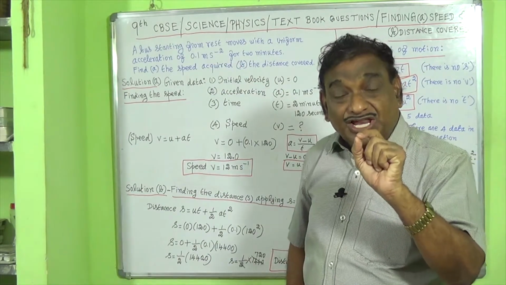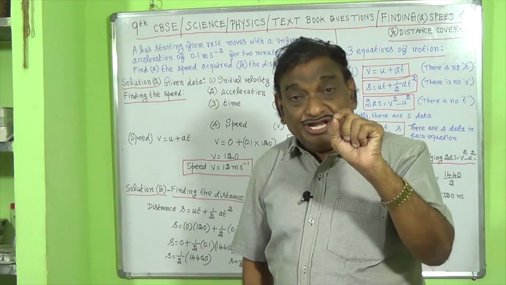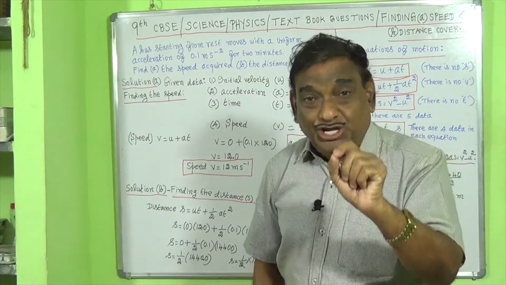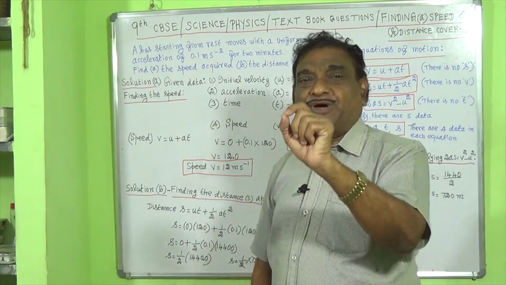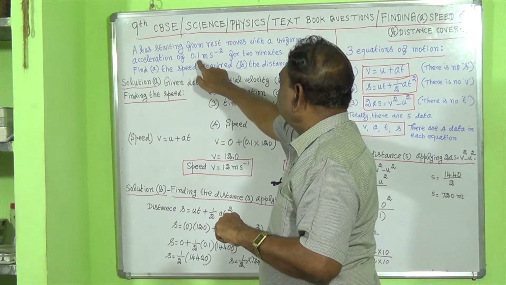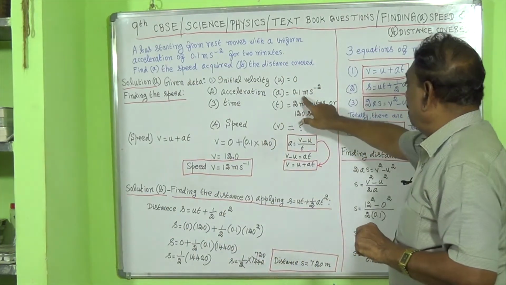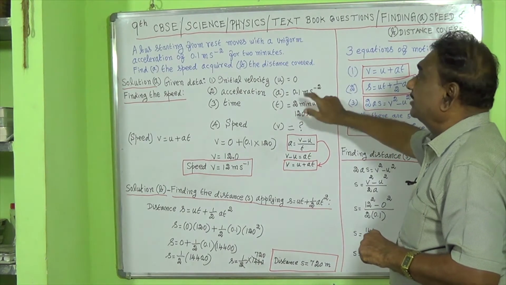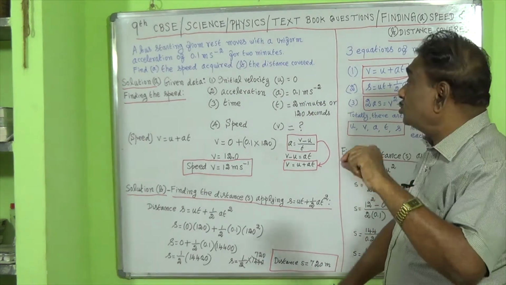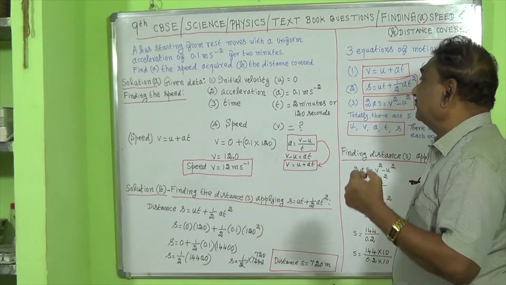What is the acceleration? The acceleration is provided as 0.1 meter per second square. The time also has been supplied.